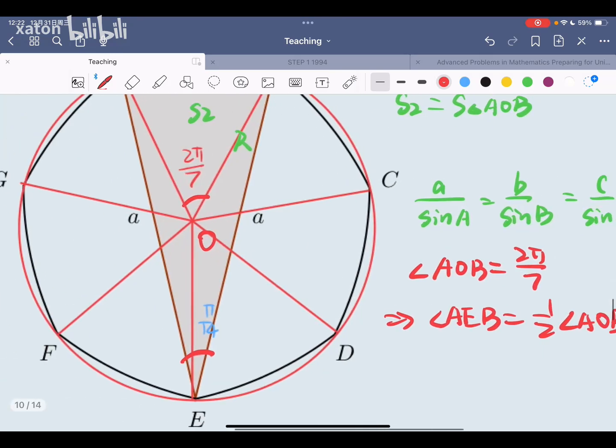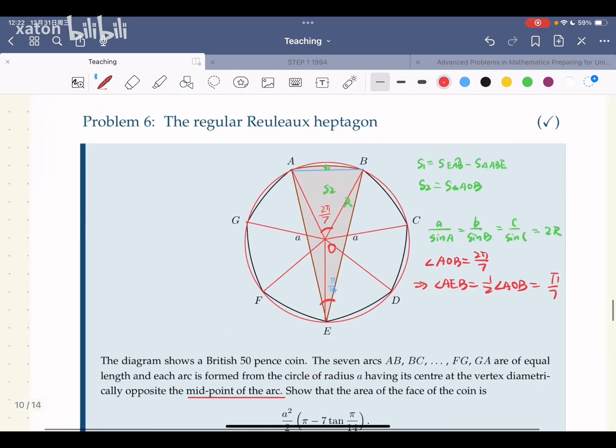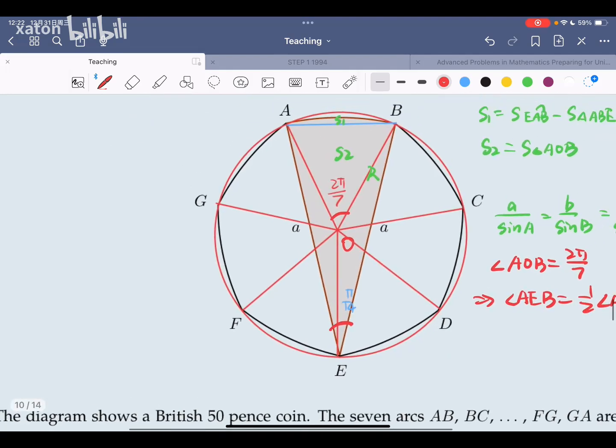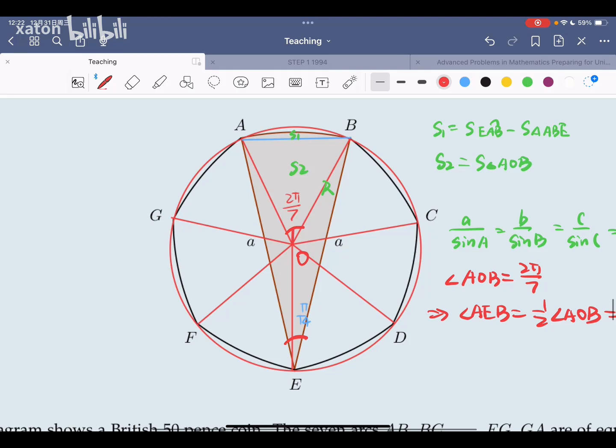In the question, we basically said E is diametrically opposite the midpoint of the arc. So we know that EO must bisect the angle AEB. And if we extend EO, it should lie exactly on the midpoint of AB.